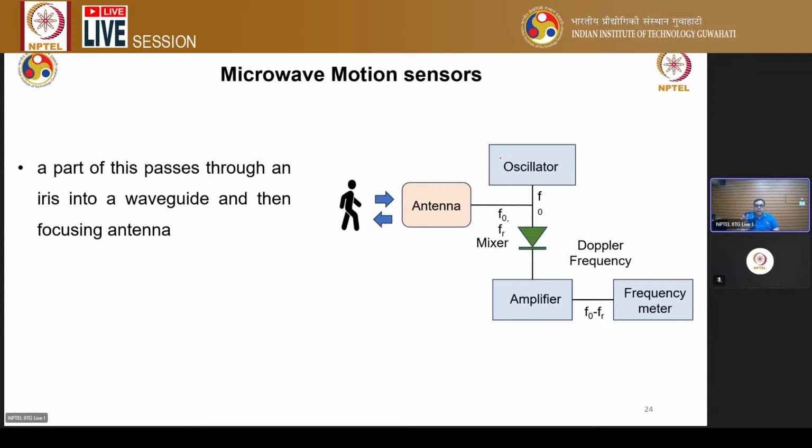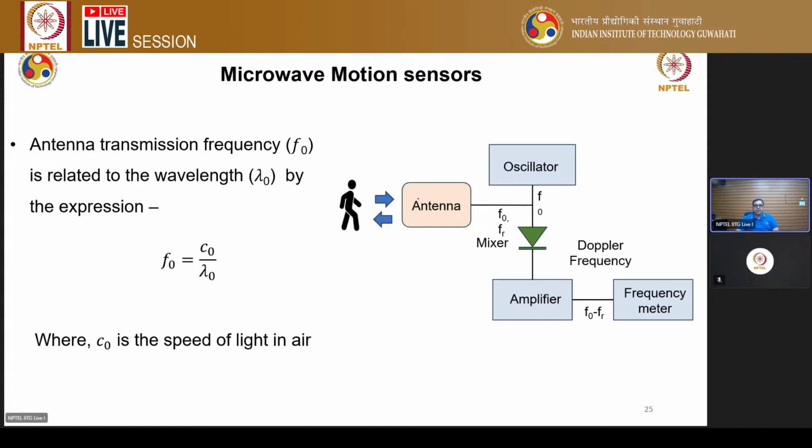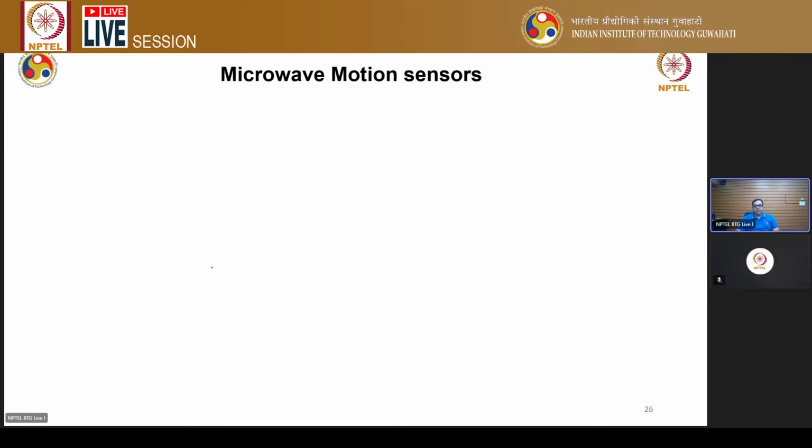A part of this oscillator frequency f0 is passed through the iris into the waveguide and then focused on the antenna. This directs the radiation towards the target object, and the antenna transmission frequency is related to the wavelength by the simple equation f0 = c0/lambda0, where c0 is the speed of light in air.